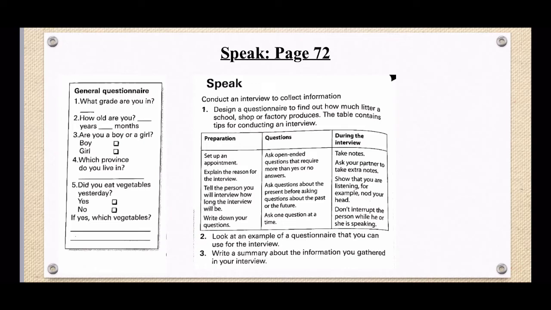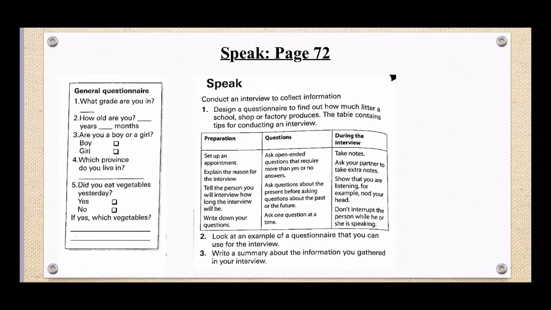Firstly, they're asking us to draw up a questionnaire. They're giving us a topic and they're also giving you some tips in the block about how to conduct an interview with someone. So I will just quickly read through the block with you. Firstly, we have preparation. You need to set up an interview with someone or a group of people.